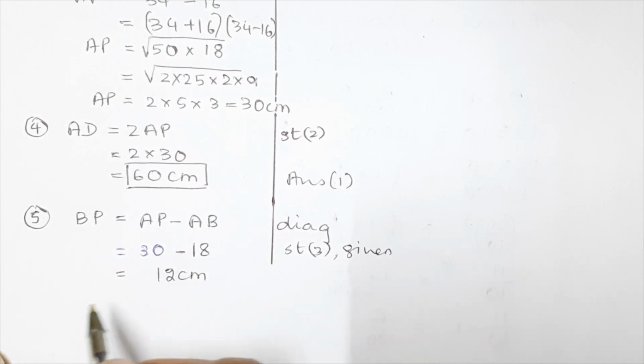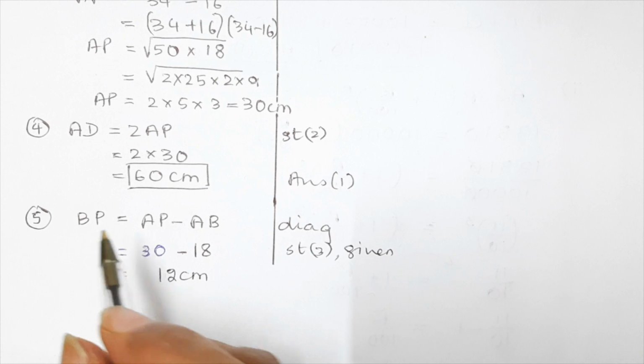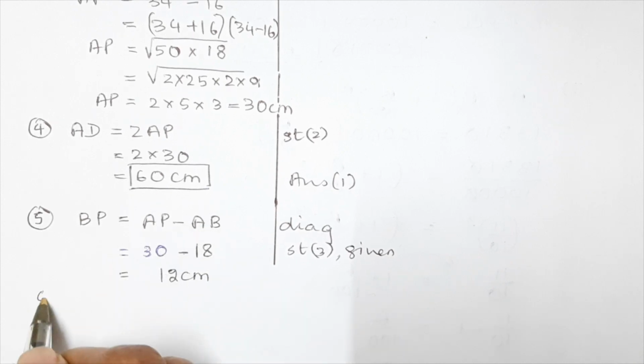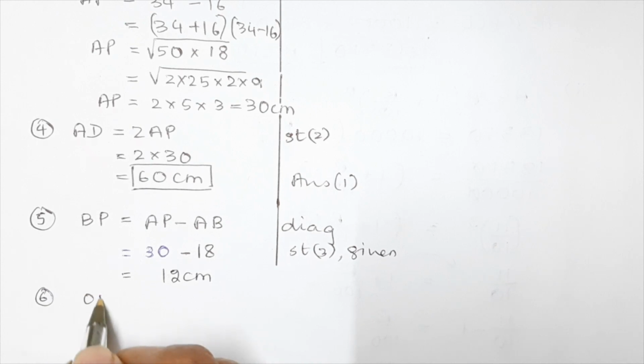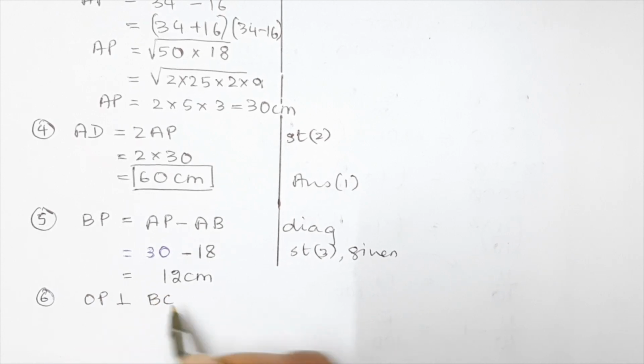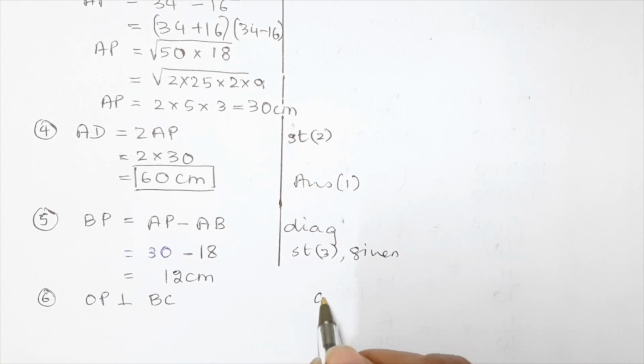Now this is your BP. Now if you look at your diagram, you will see that OP is perpendicular to BC as well. So let us write it OP perpendicular to BC, and here it is again given.